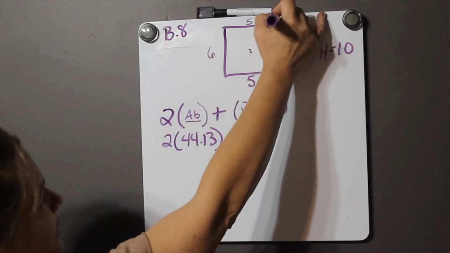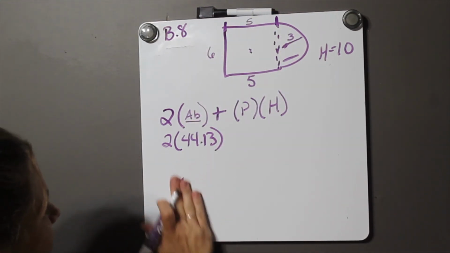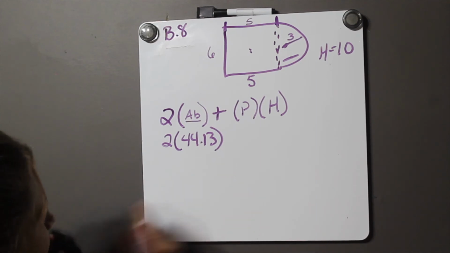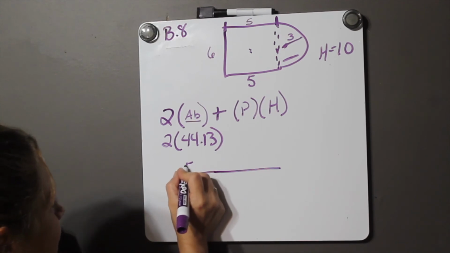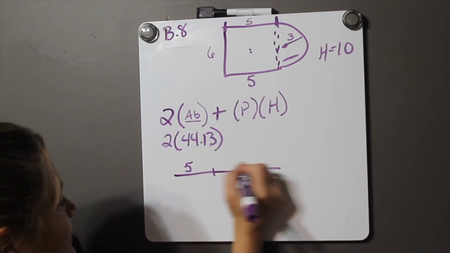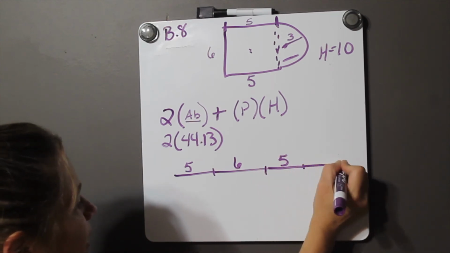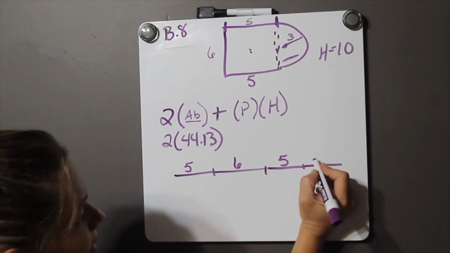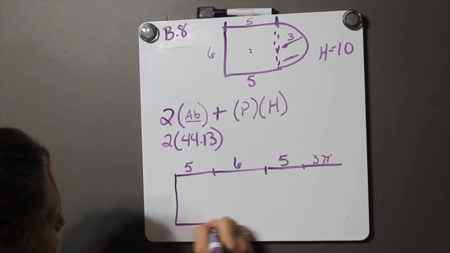So if we started here to there, we would have a section that is 5, and then we would have a section that's 6, 5, and 6, and another 5, and then the roundy part would be there, and the circumference of that would be 3 pi. And then it says it's 10 feet tall.